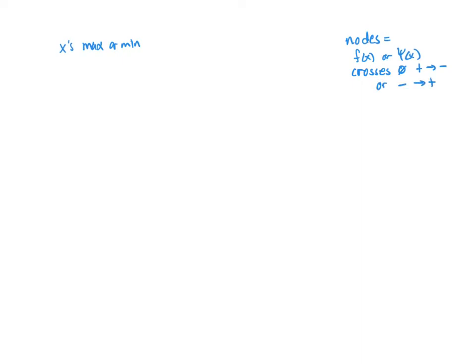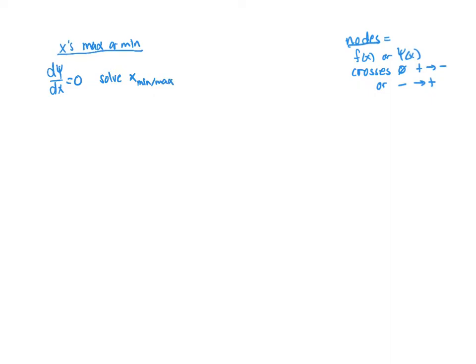Those are what nodes are. We know from calculus how to find the x values that maximize or minimize a function: we take the derivative of the function, set it equal to 0, and solve for x. That gives us the minimum and maximum values of x.